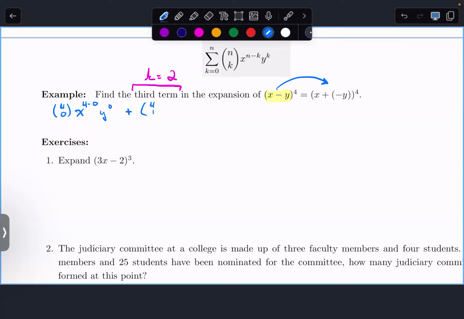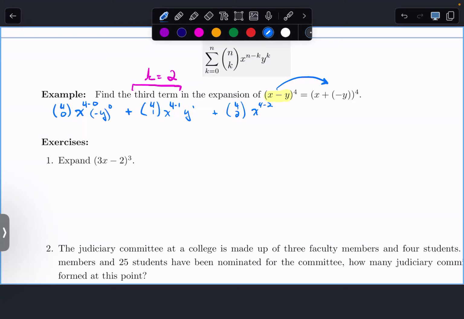Then I can move on to k equals 1. 4 choose 1, x to the 4 minus 1, negative y to the 1. K equals 2 now. 4 choose 2, x to the 4 minus 2. Oh, what did I forget? I'm using y instead of negative y. Can I get away with it?